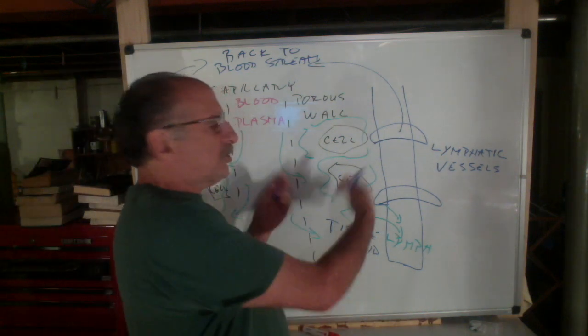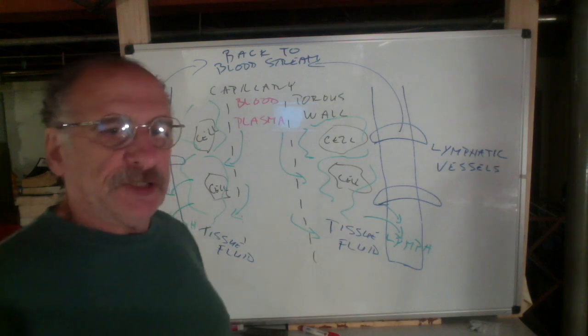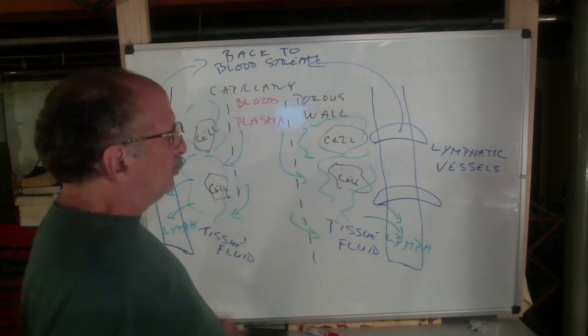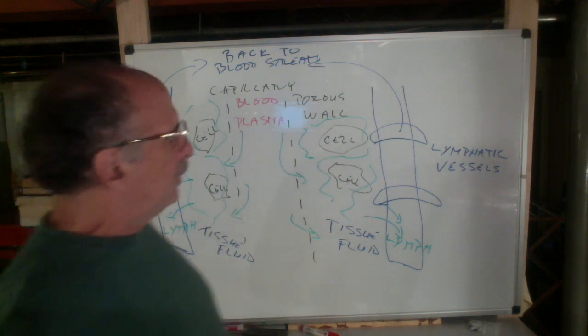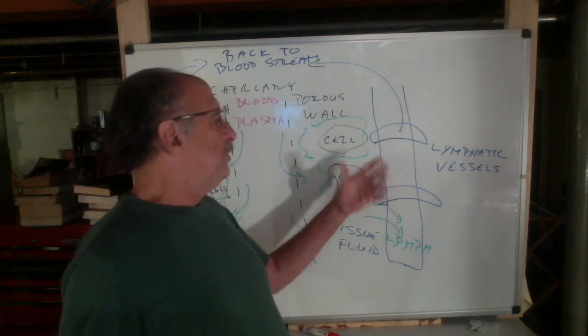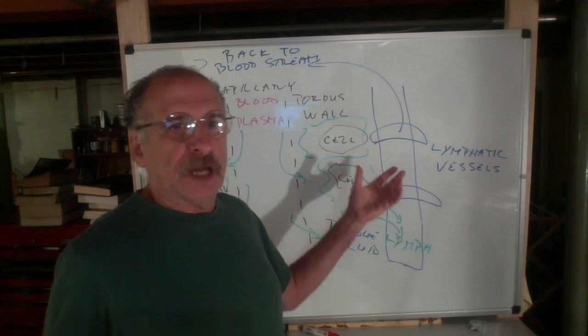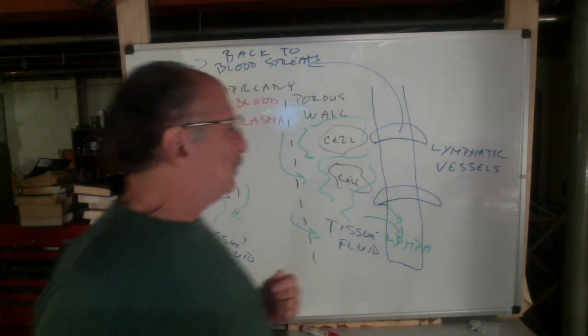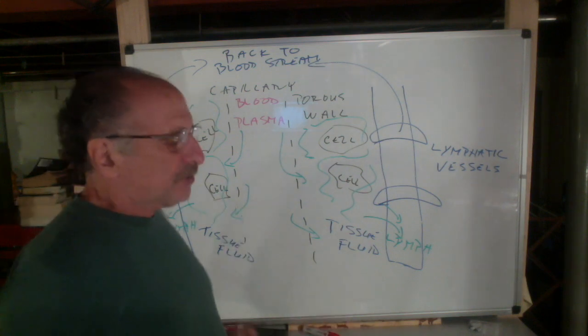Now, the size scale here is incorrect. These would be microscopic tubes. The cells are microscopic. These structures would be a little bit larger than microscopic, maybe a 1/4 inch or so in diameter. So the scale is off.